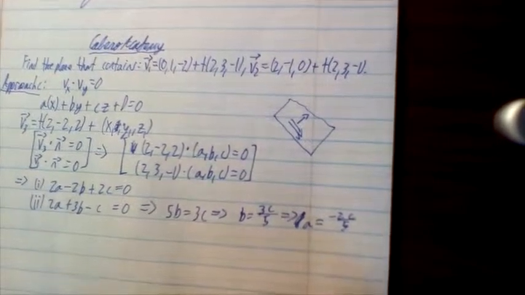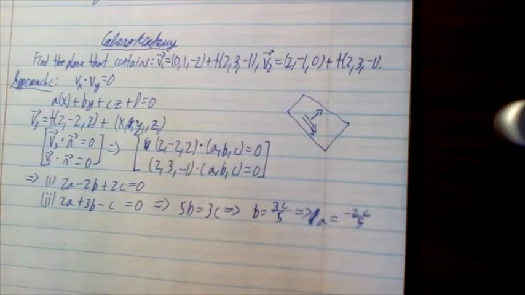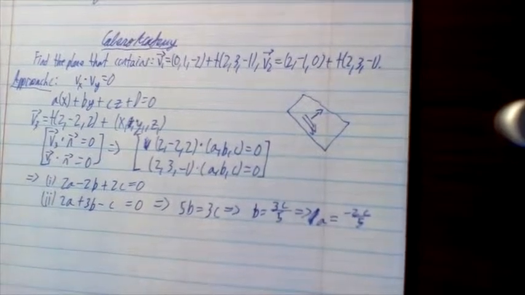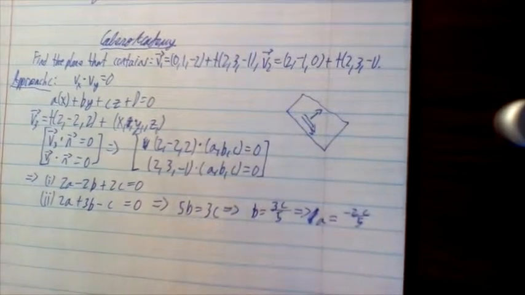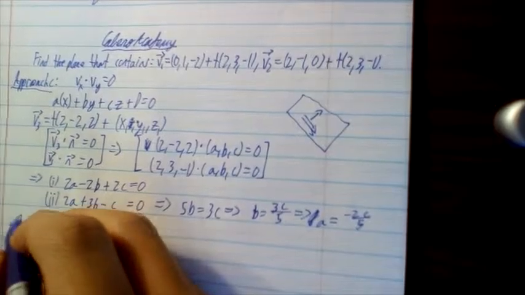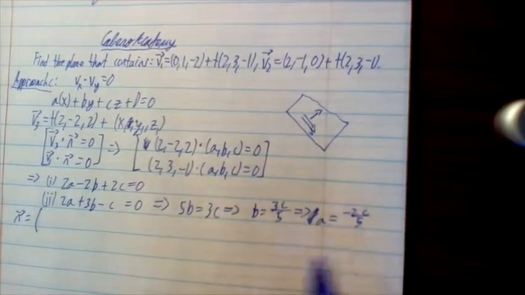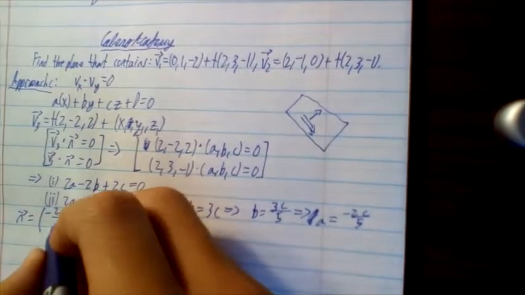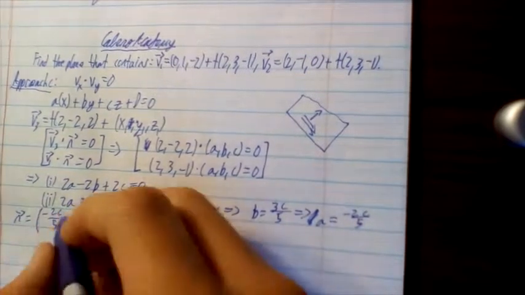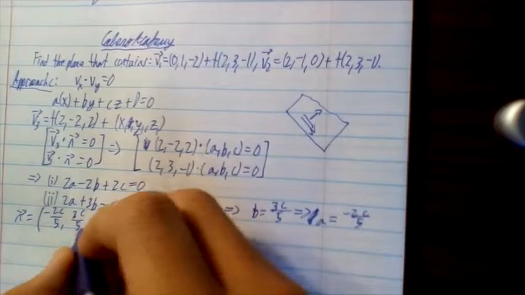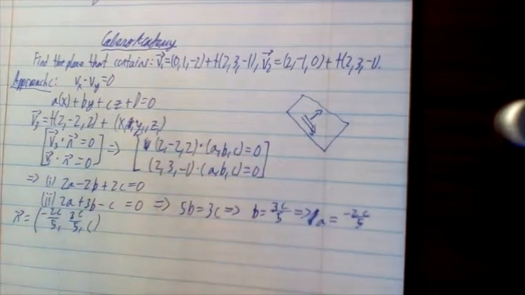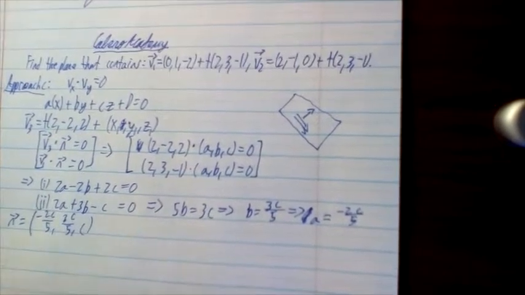As you can see, we're following the footsteps of approach B. So now, therefore, we can make our normal vector: a is equal to minus 2c on 5, our b is equal to 3c on 5, and we haven't worked out c, because after all, that was 3 unknowns and 2 equations.